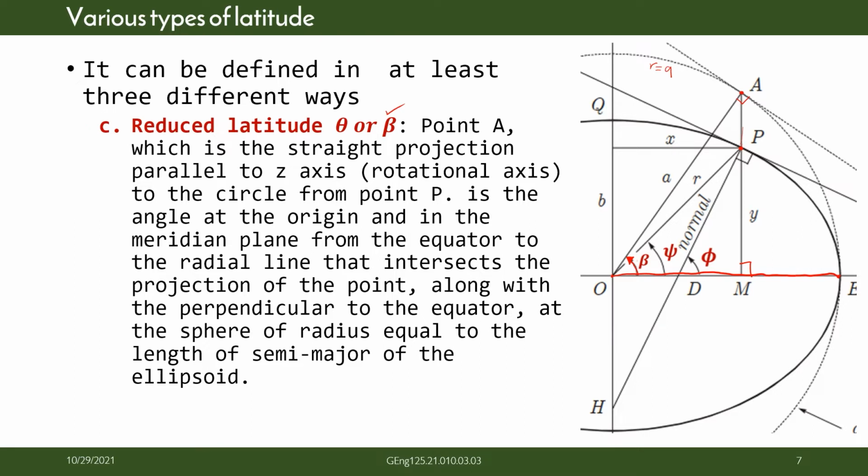It is the angle at the origin and in the meridian plane from the equator to the radial line that intersects the projection of the point along the perpendicular to the equator, at the sphere of radius equal to the length of the semi-major axis of the ellipsoid. So the length from A to O is equal to A.